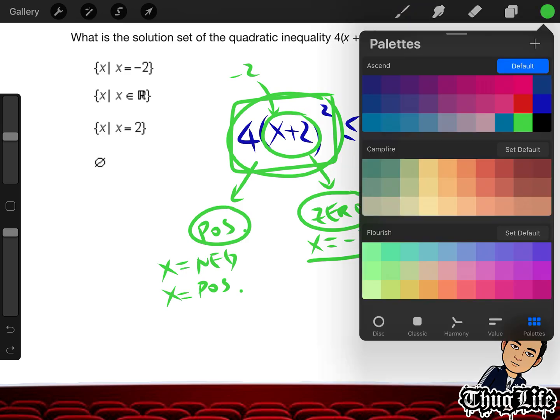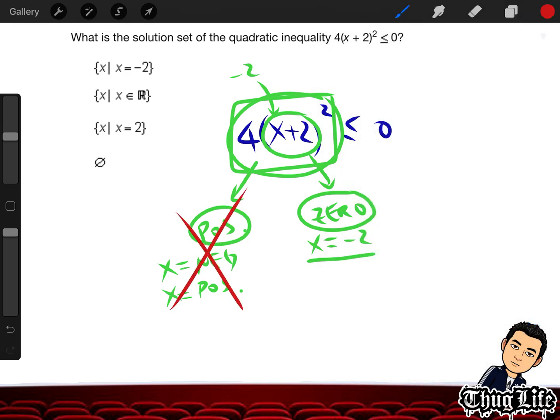So this positive is going to be out of the picture. We just want to focus on 0, because there is an equal sign, so it could equal 0 in this case. So we want to make that equal to 0, which means that the only solution in this set is going to be x equals negative 2. So check the first one.